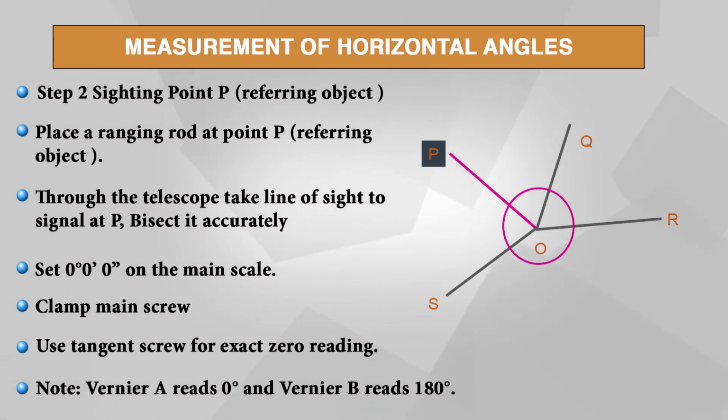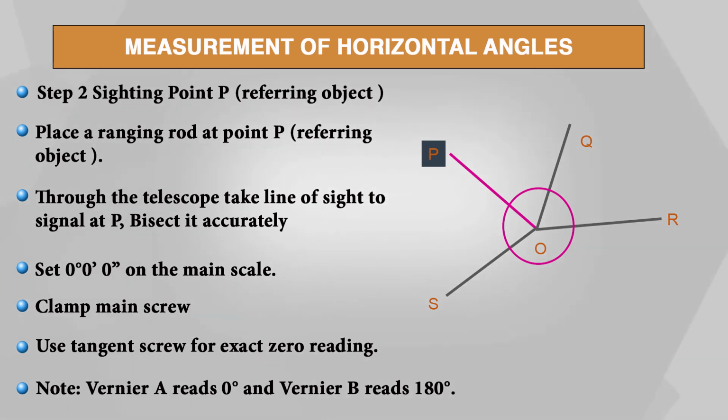Bisect it accurately and check that vernier A reading is 0 and vernier B reading should be 180 degrees at this time. Once the first point is sighted and 0 reading is achieved, set the horizontal circle, that is the lower plate, which carries the main scale reading, to locked position.